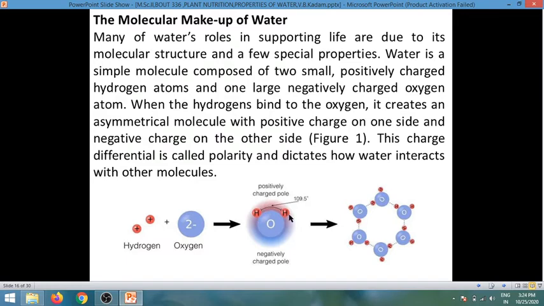Now, this side has the positively charged hydrogens and this side has the negatively charged oxygen. This charge differential is called polarity and dictates how water interacts with other molecules. See, the water molecules are interacting with each other.